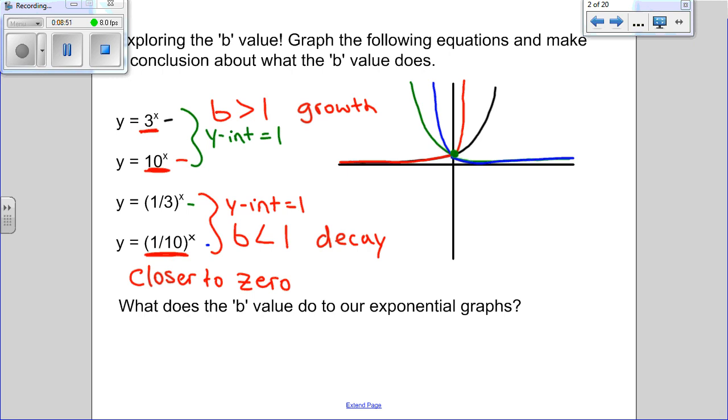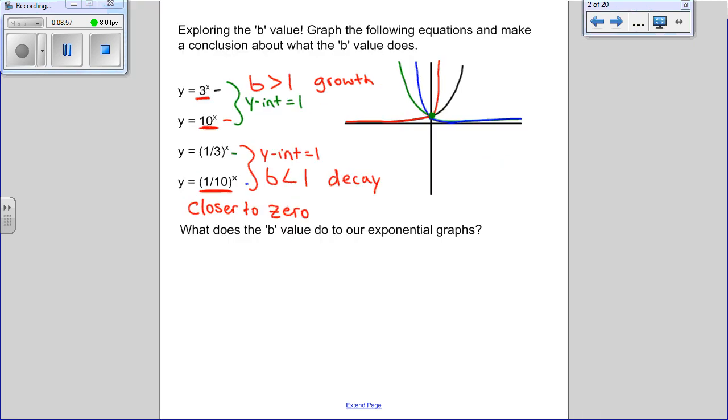At the end of the day, what does our b value do? Our b value decides if it increases or decreases. Our b value also dictates how sharp it is.